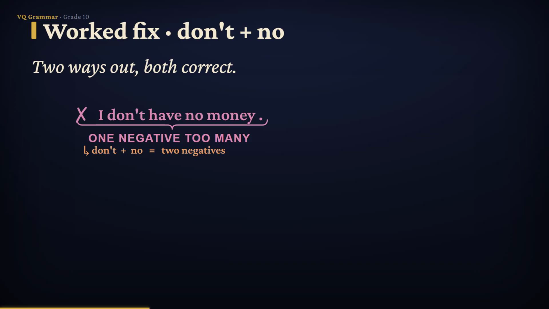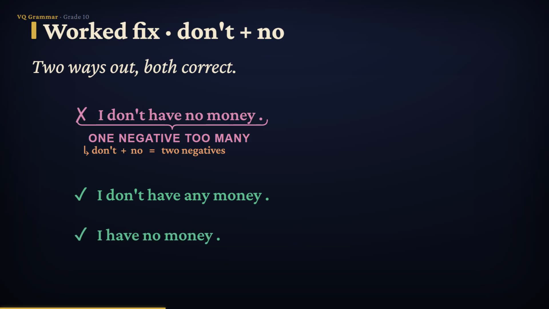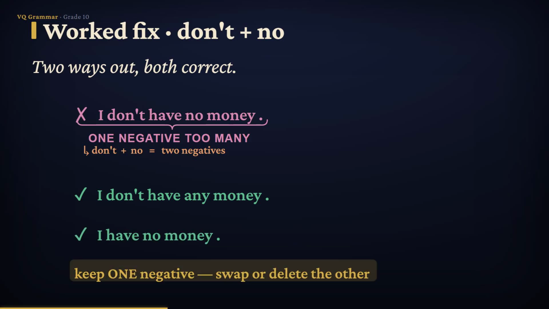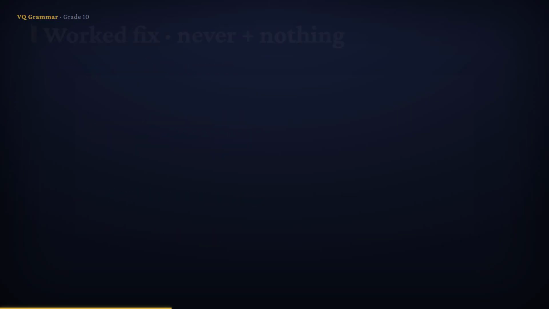Way 1. Keep the don't and change no into its positive partner, any. I don't have any money. Way 2. Drop the not and let the single negative word carry the whole load. I have no money. Either sentence is clean. Pick whichever one sounds better in the paragraph you're writing.